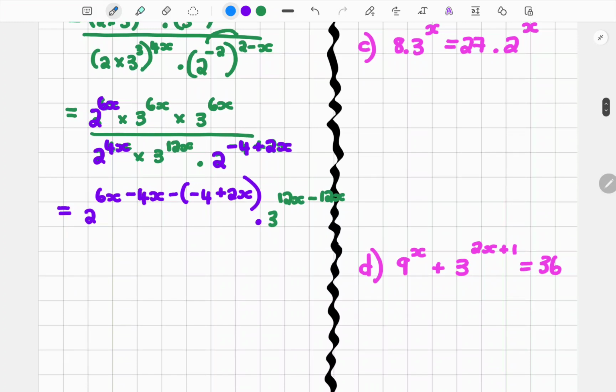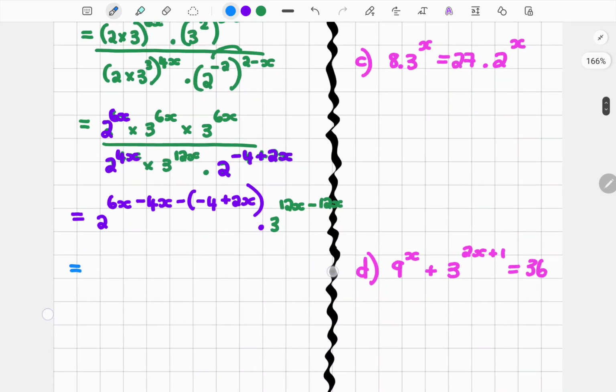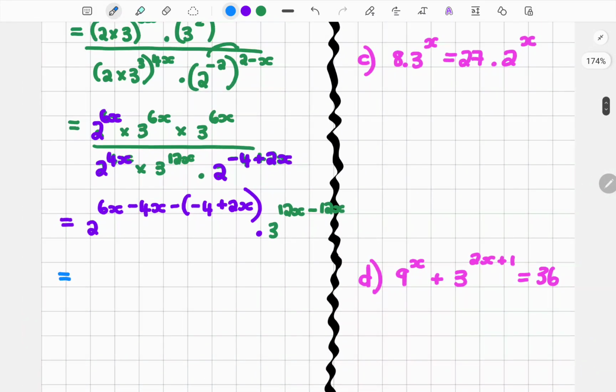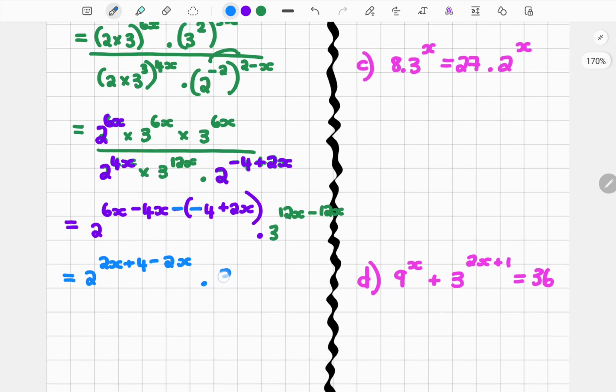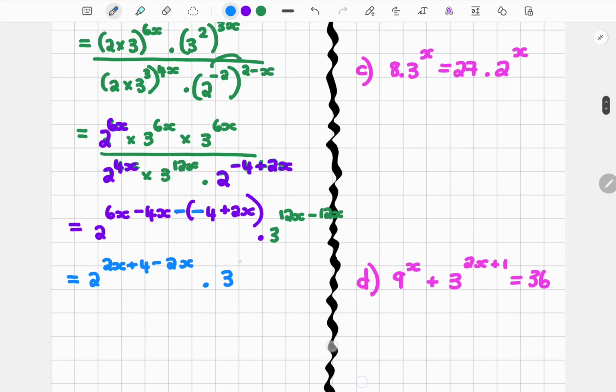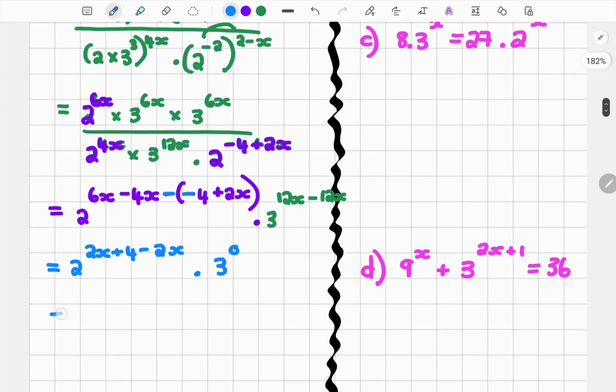All right, then let's simplify further. So it's going to be 2 to the power 6x minus 4x is 2x, plus 4, because a negative times a negative is a positive, and a negative times a positive is a negative 2x, times 3 to the power, what is 12x minus 12x? It's 0, and anything to the power 0 is 1.